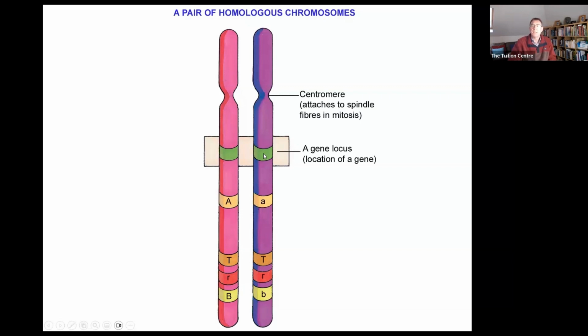So, a particular gene for eye color, hair color, how your heart muscles are working, what enzyme you're going to produce, what hormones are made. All of these are coded for by sections of DNA that we call genes. And they have particular positions along these chromosomes where you'll find them.